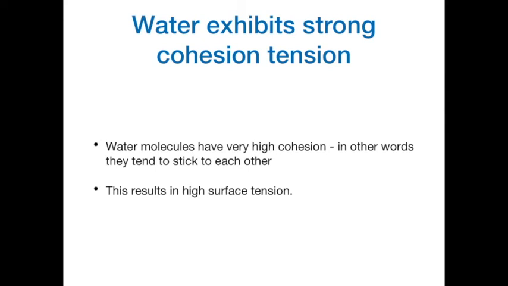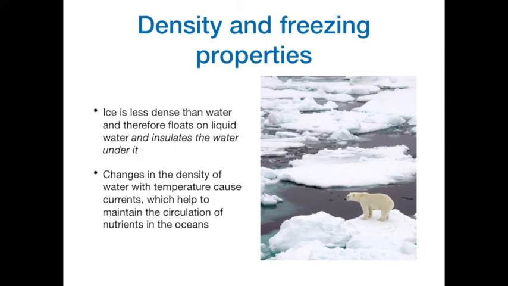Now density. If we start cooling water and we measure its density all the time, we will see that below 4 degrees Celsius, the density starts to lower. The density of water starts to decrease. Therefore, ice, which is way below 4 degrees, has a much lower density than water, and therefore it floats in water.